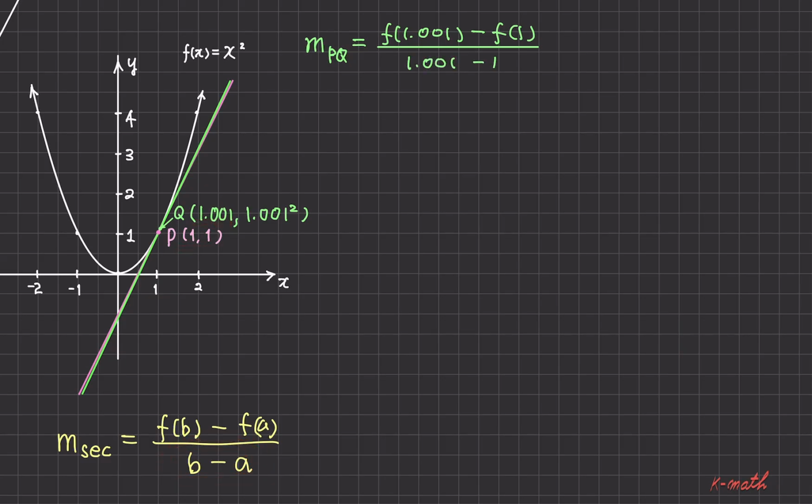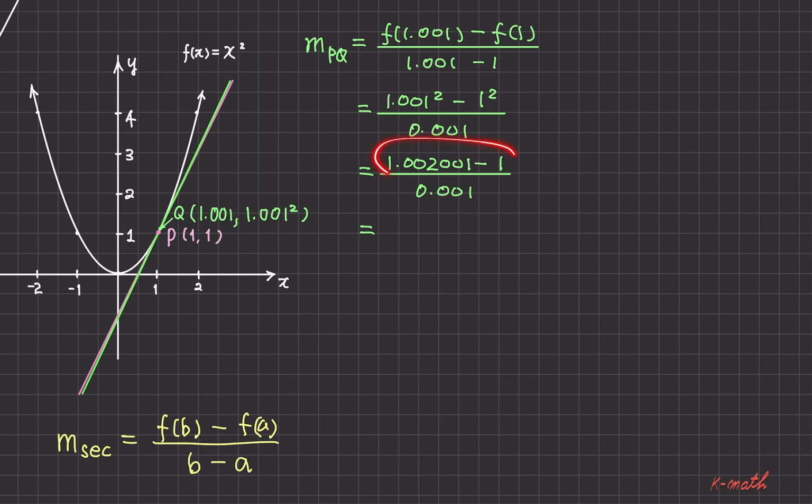1.001 minus 1. f of 1.001 is 1.001 squared, minus f of 1, which is 1 squared, over the denominator, which is 0.001. 1.001 squared is 1.002001, minus 1, over 0.001.